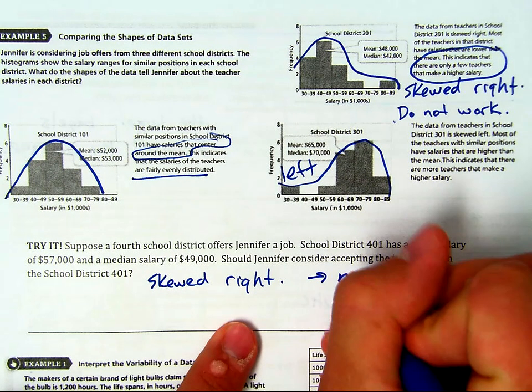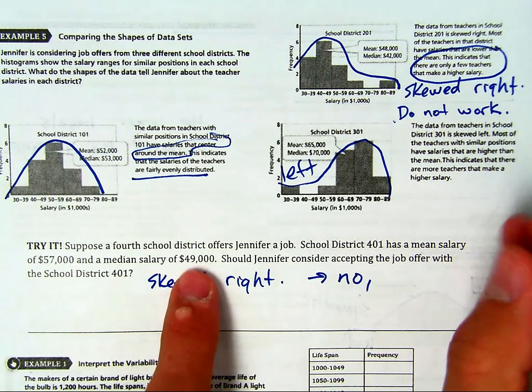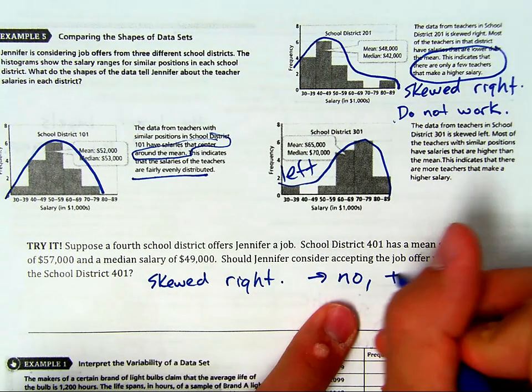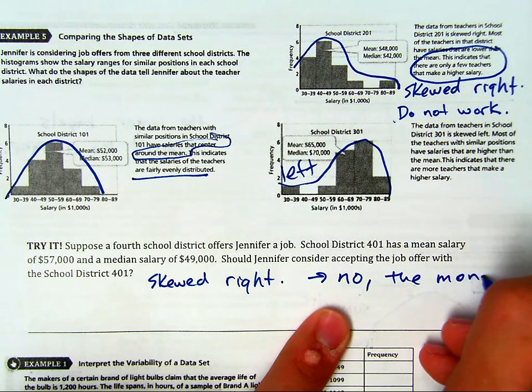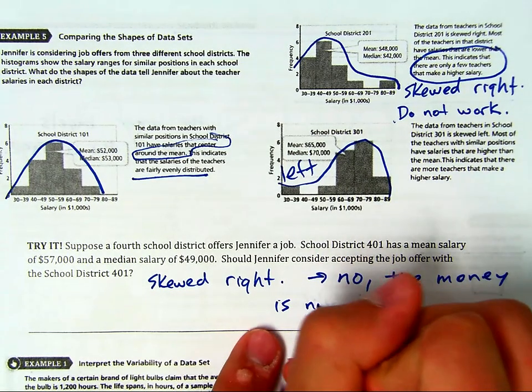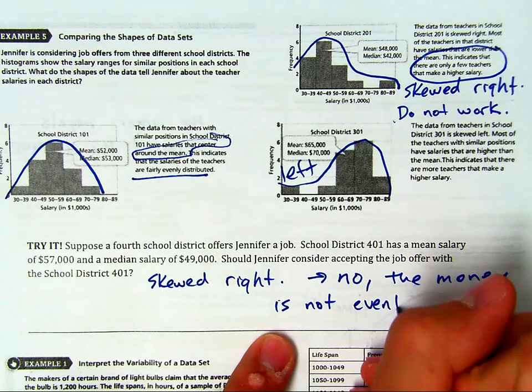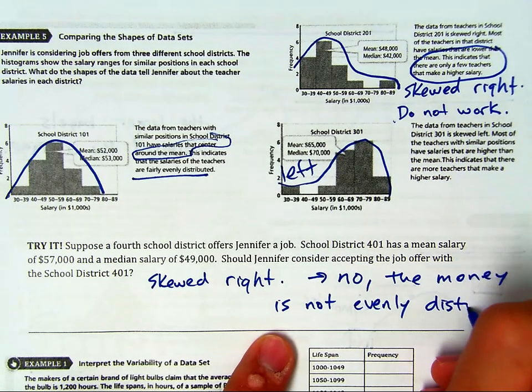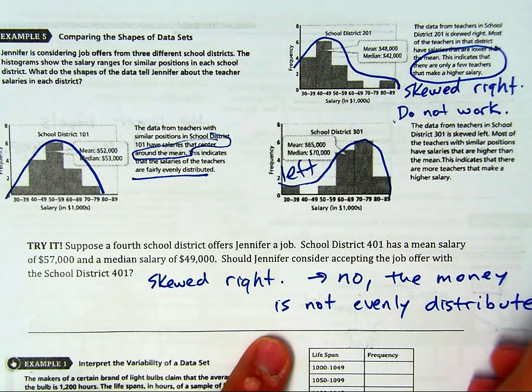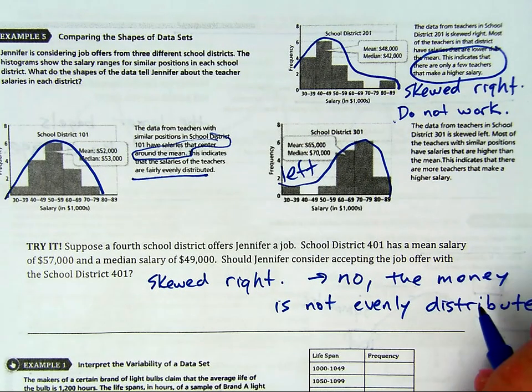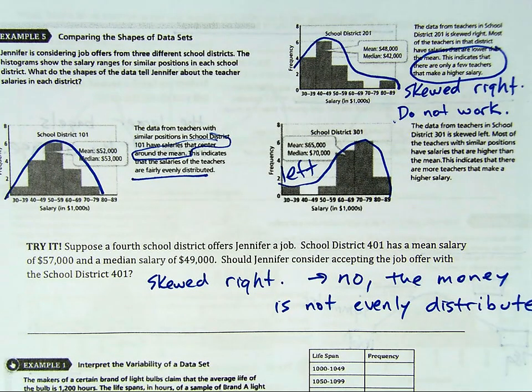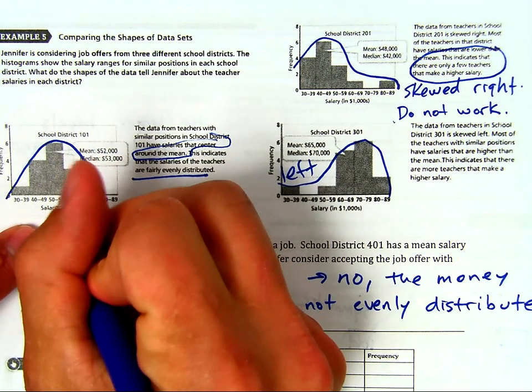Because the money is not evenly distributed. Okay? All right, so she wants the job where more than likely it's evenly distributed. So she wants to work here.